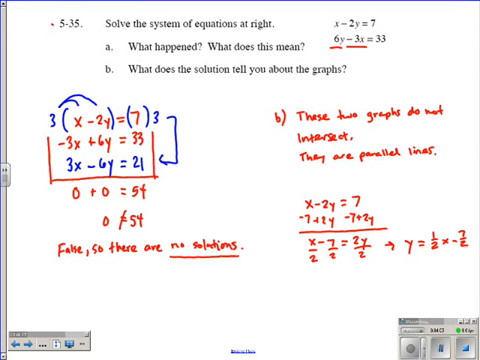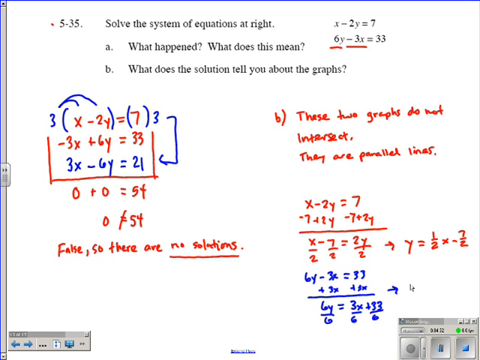And let's look at the second one real quick. If we do 6y minus 3x equals 33, add my 3x to each side. We have 6y is equal to 3x plus 33. Divide everything by 6.